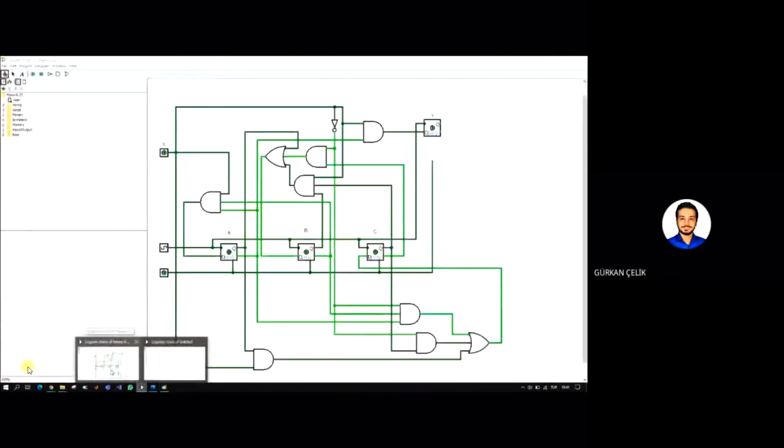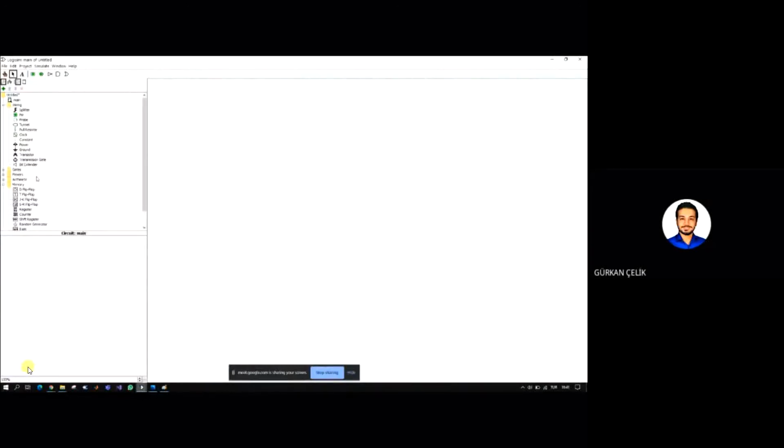So now we need to draw the circuit. The circuit that we will draw should be this, but now we will draw it from the beginning. We need to use D flip-flops. How many flip-flops should we use?